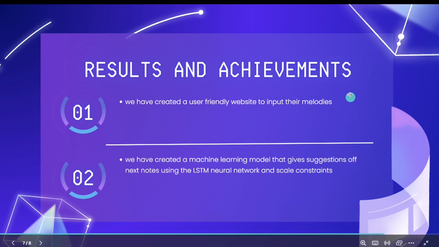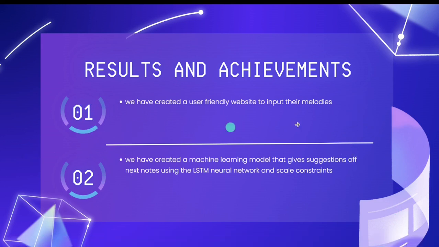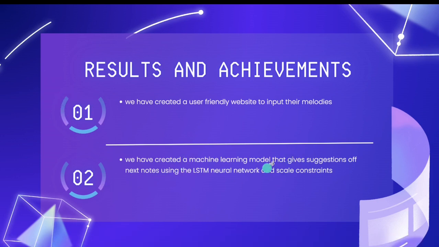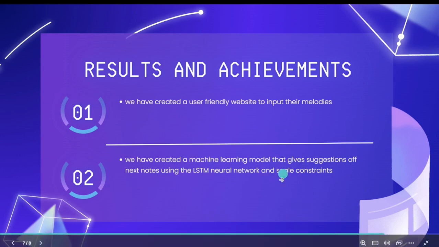So then we also decided to flex some of our website making knowledge using Flask, and we decided to create a user-friendly website. We have some problems with integrating them together, so that is something we're looking forward to doing in the future.